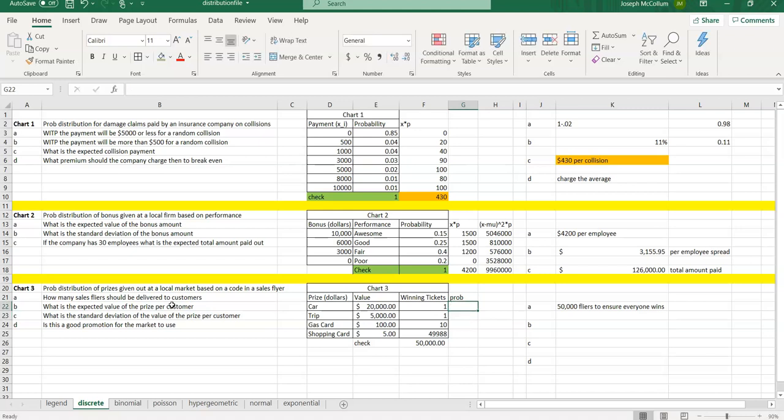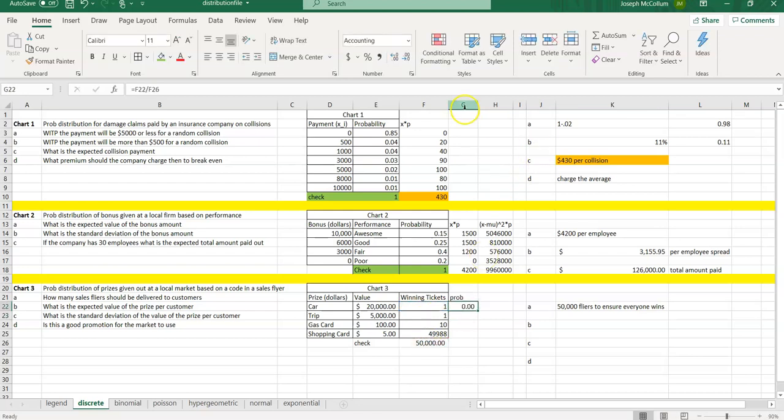But notice we don't have the probability column like we did in the previous chart 1 and chart 2 examples. So how does one create this probability distribution? Well, think about probability. What is probability defined as? Probability is defined as success divided by total.